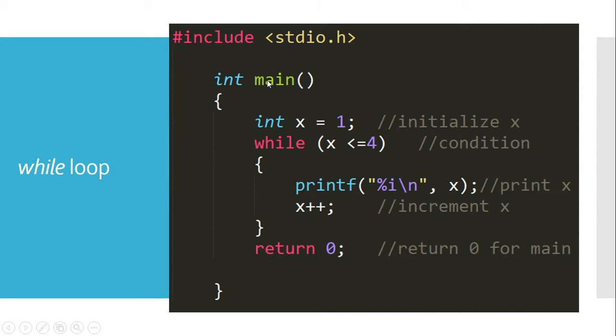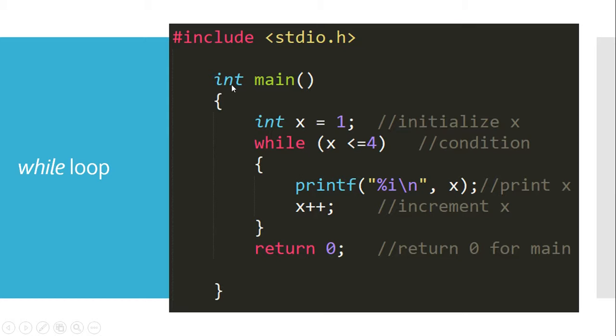So I did the int main as well because I wanted to show you. Remember, when you have void main, you don't have to return anything, okay? Because the data type here is what is taken out of the function. So what is returned out of the function? So in this case, an int is returned.